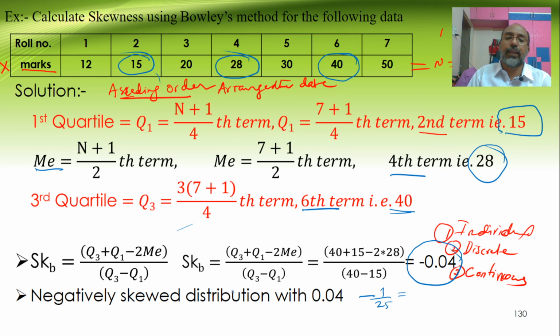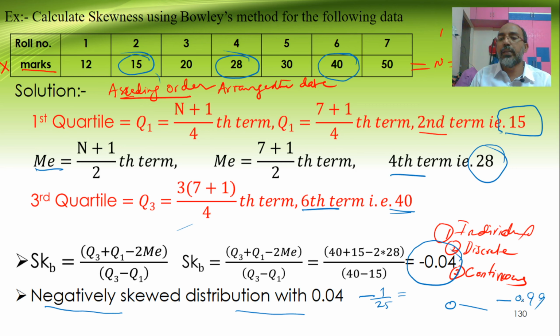That is minus 0.04. We have to interpret the data. It is a negatively skewed distribution. The coefficient ranges from minus 1 to 0 on the negative side, up to minus 0.99.